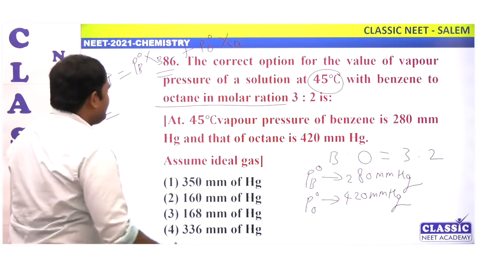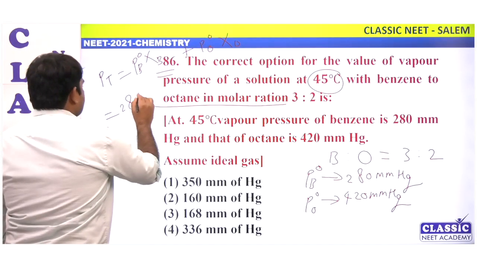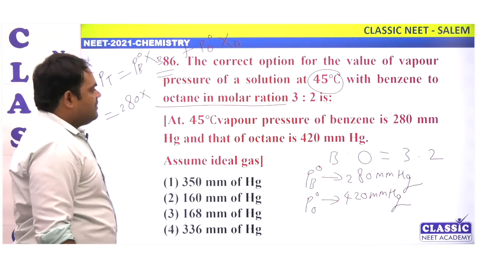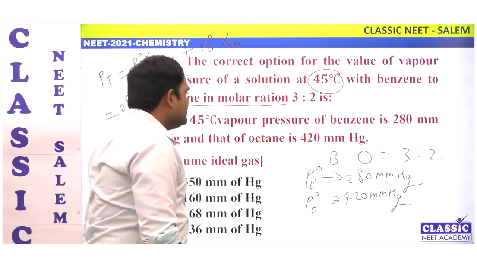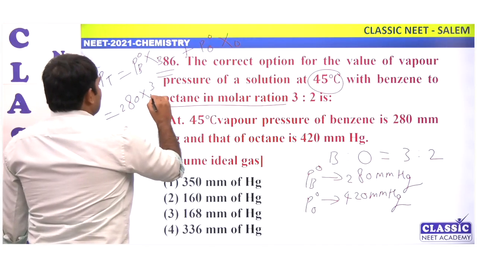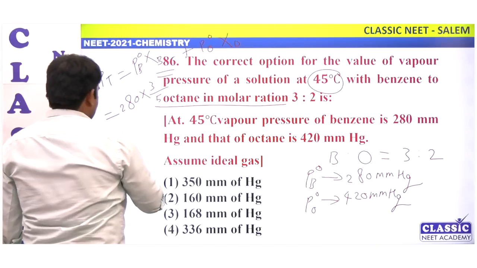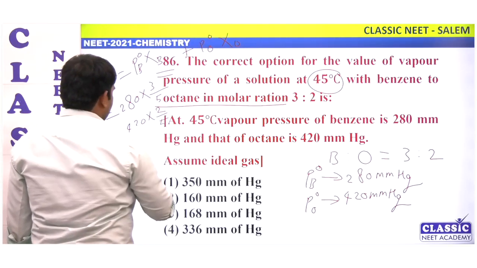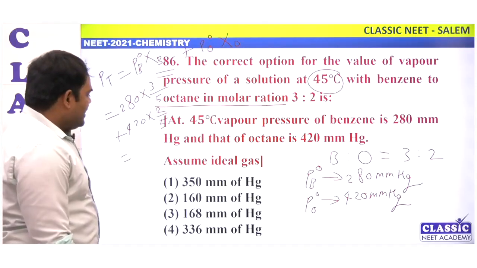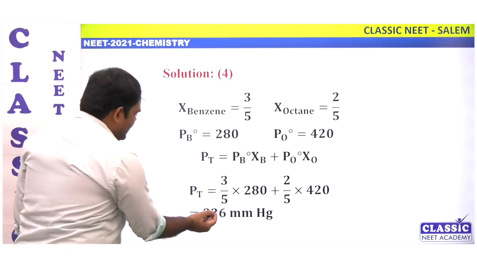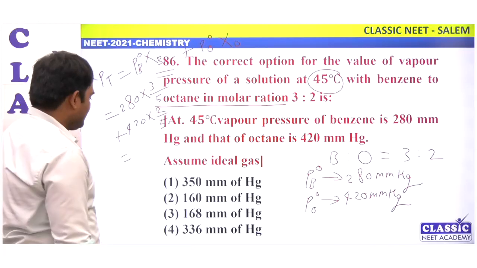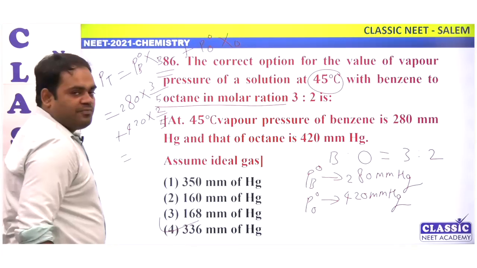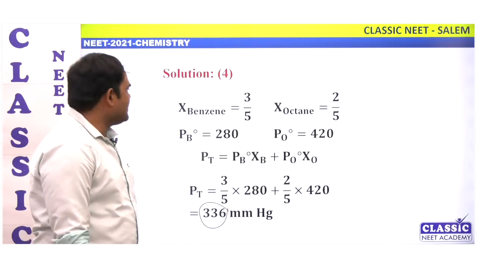PB naught is 280. The mole fraction of benzene is the number of moles of benzene upon total number of moles, so 3/5, plus 420 times 2/5. You can calculate that. After calculating we get 336. So the fourth one is our correct answer.